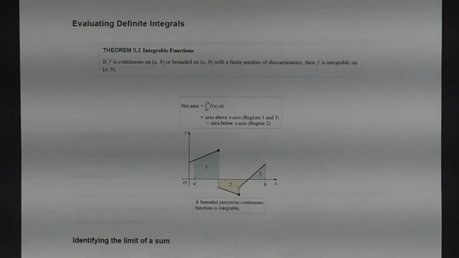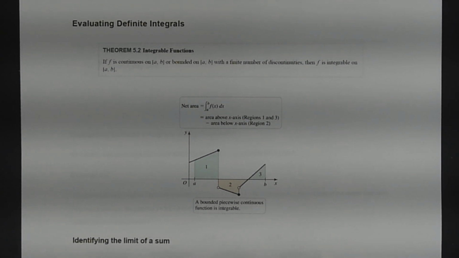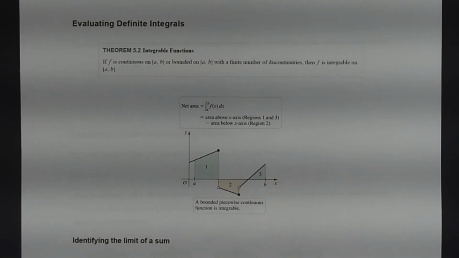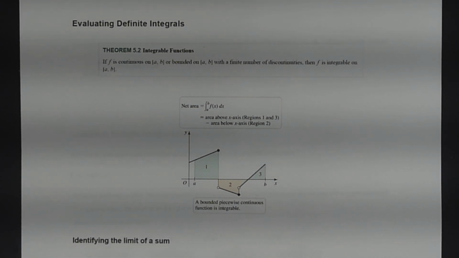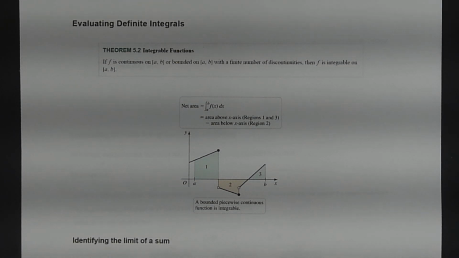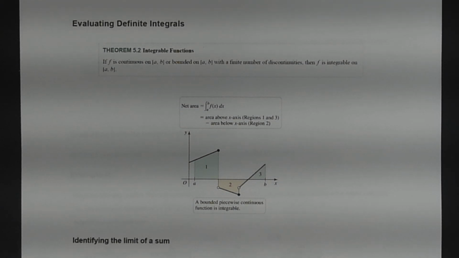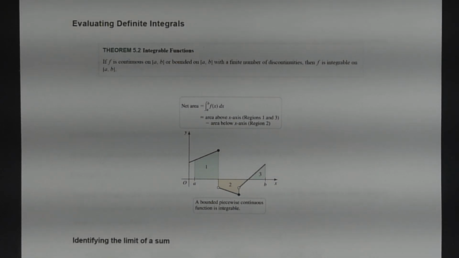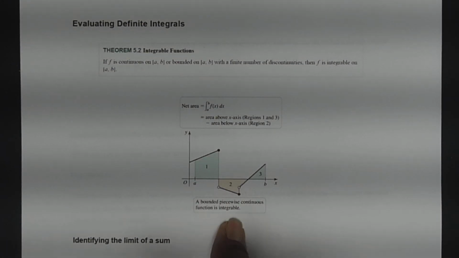Okay, next we'll look at evaluating definite integrals. And Theorem 5.2 says this for integrable functions. If f is continuous on the interval a, b or bounded on a, b with a finite number of discontinuities, then f is integrable on that interval a, b. So here's just an illustration of just that.